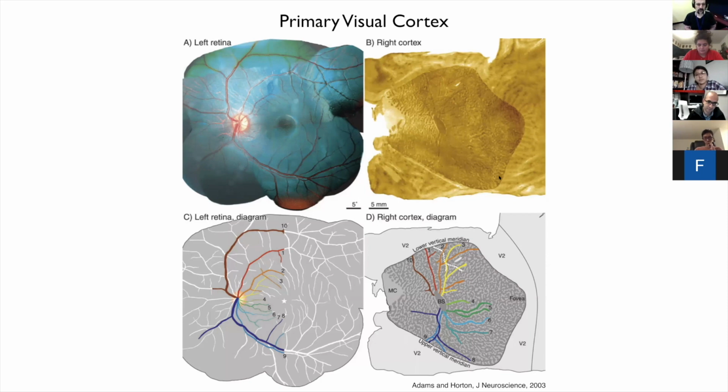So to the top left here, you see the retina of the monkey, a squirrel monkey that was used for this study. To the right, you see the V1 cortex of that monkey stained with CO staining, and you see interesting things.